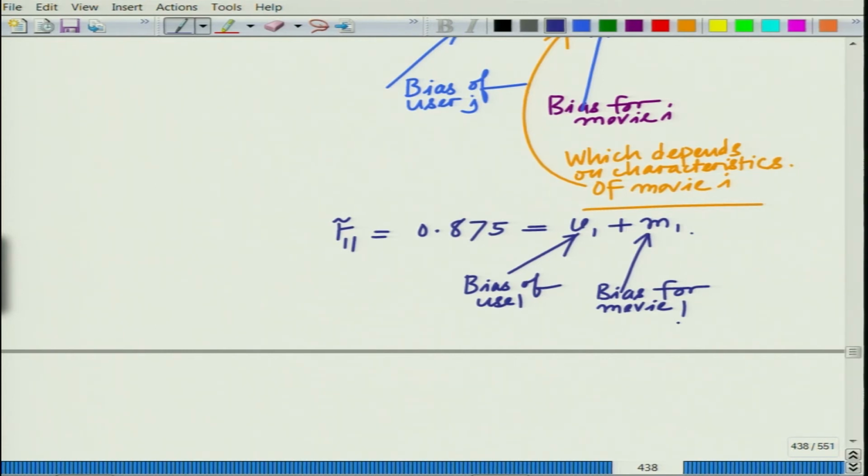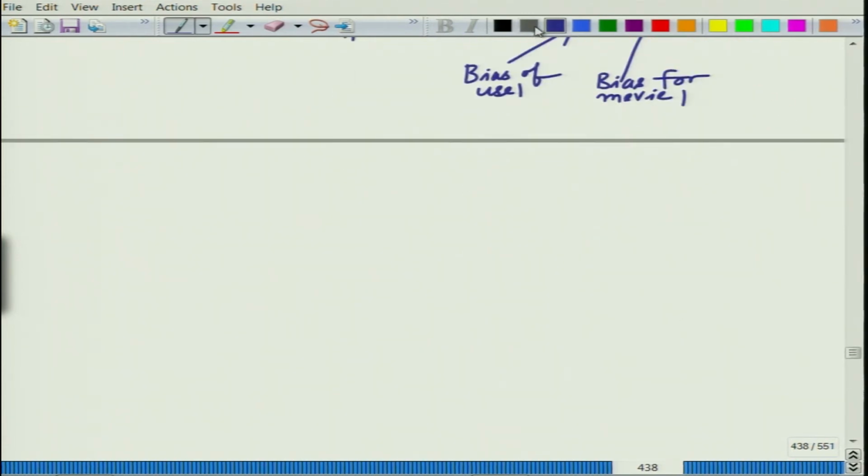Okay. And therefore, now we can form our system of linear equations.